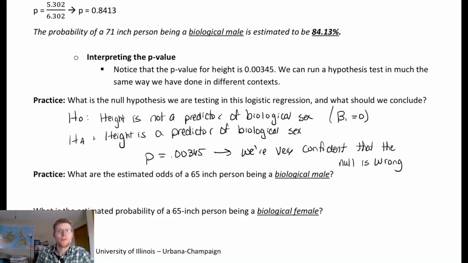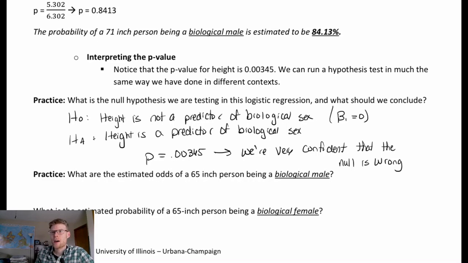If the null were true, we would see this larger coefficient by random chance less than 1% of the time. It would be 0.345% of the time. That's quite low, suggesting that we have some very strong evidence that there is something here with height as a predictor, and that this isn't just some random chance correlation that we happened to observe with this sample.